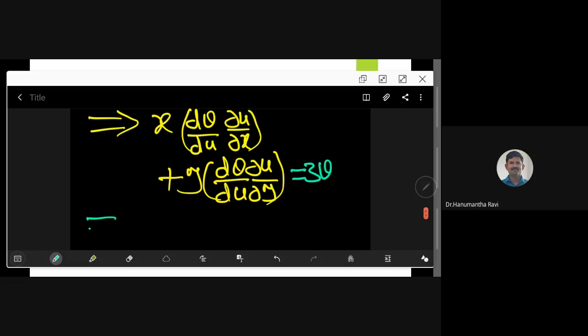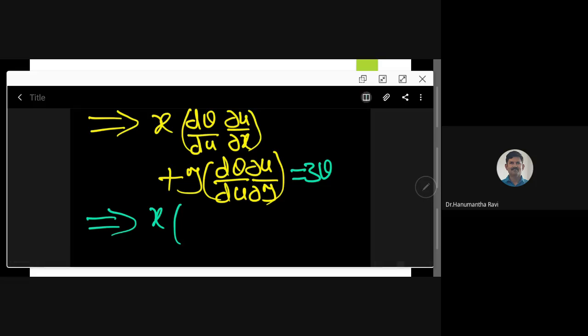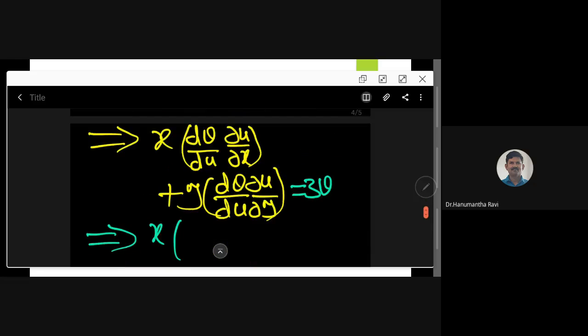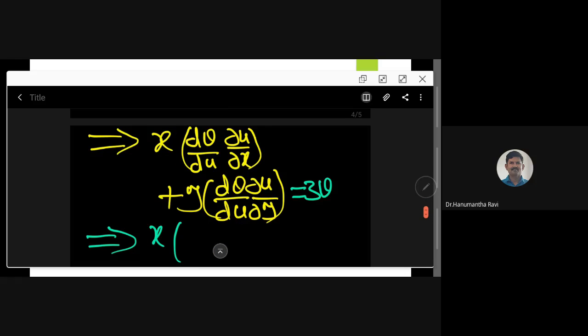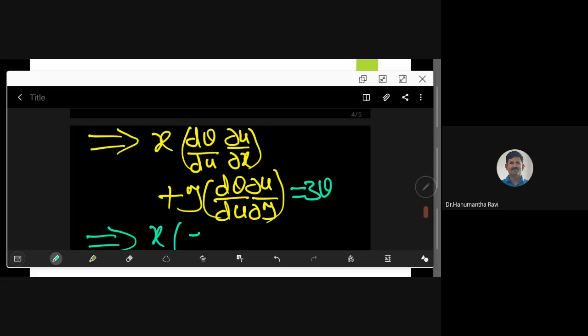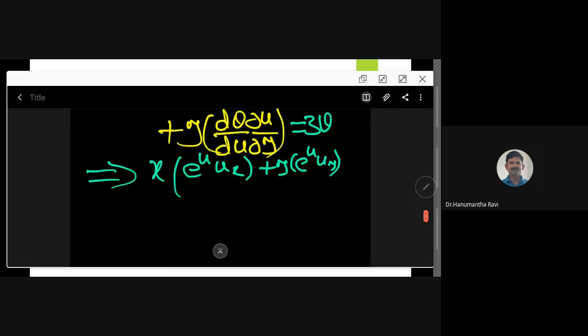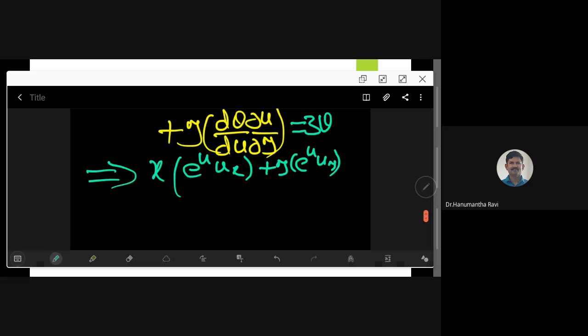this implies x into dv/du, just now we have seen, what is the dv/du? It is e power u. So this is e power u into, I write in short, u_x, ∂u/∂x, plus y into e power u into u_y is equal to 3 into e power u, because v is e power u.